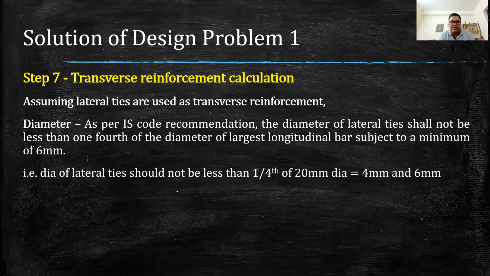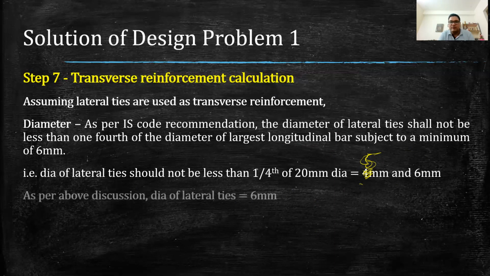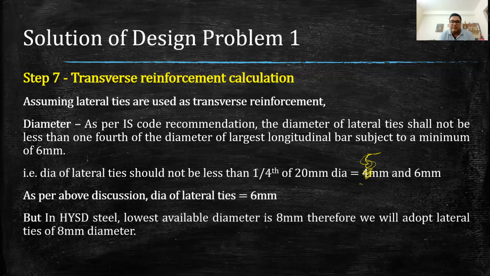The dia of lateral ties shall not be less than 1/4 of 20 mm dia, which is 5 mm or 6 mm. Ideally it should be 6 mm, but we have to take 8 mm dia because the minimum dia of bar available in case of HYSD steel is 8 mm. So dia of lateral ties is adopted as 8 mm.